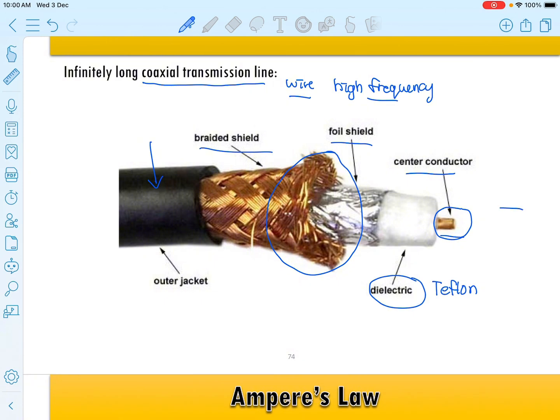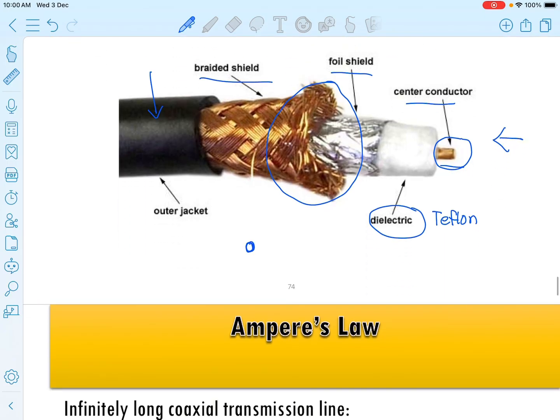If you view it from this side, you can see that there is an inner conductor over here, and there is an outer conductor here. This outer conductor consists of the foil shield and the braided shield. So you will have an inner conductor, and this is the outer conductor, and in between the inner and outer you have dielectric material.